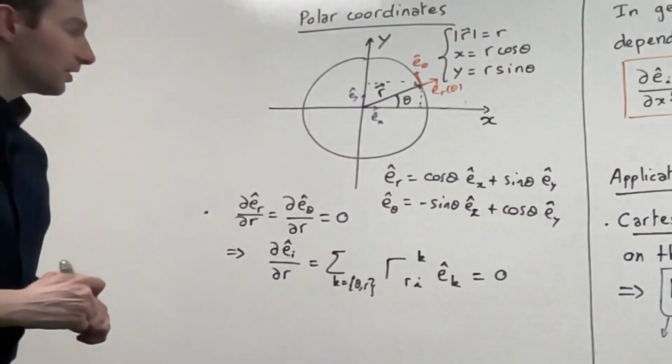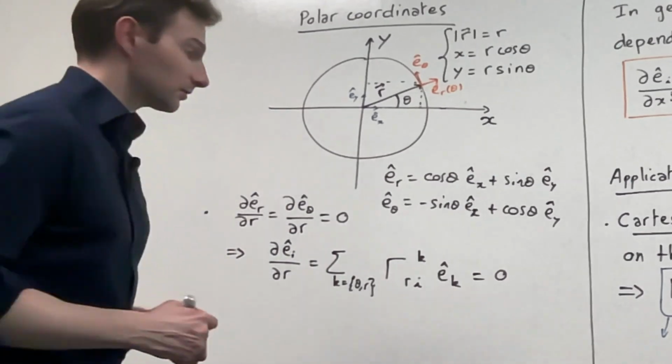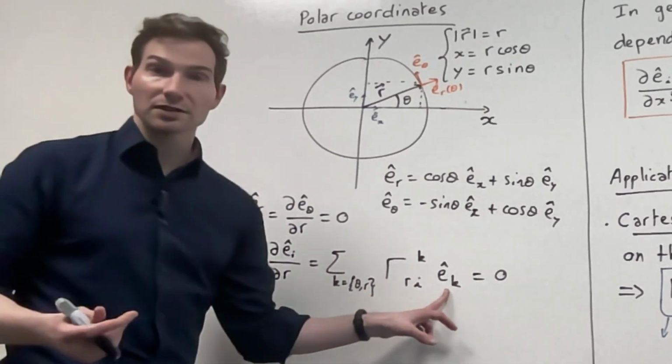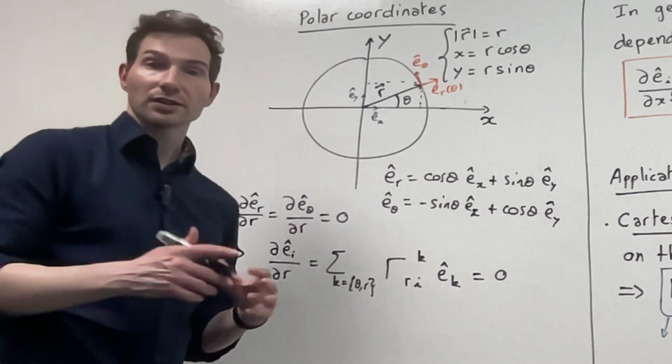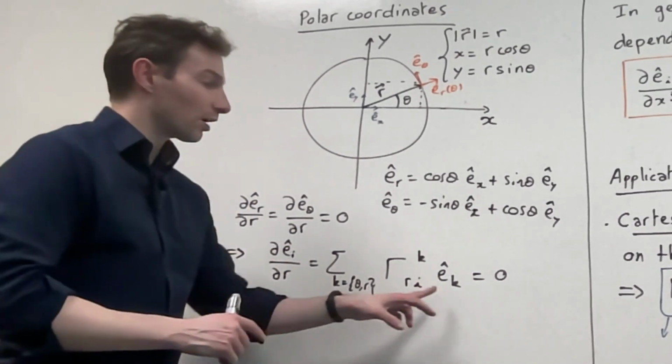So the only possibility for this to be equal to 0 is for these numbers to be 0. The reason is because this is a basis, so they need to be linearly independent. It's not like you can compensate one with the other.